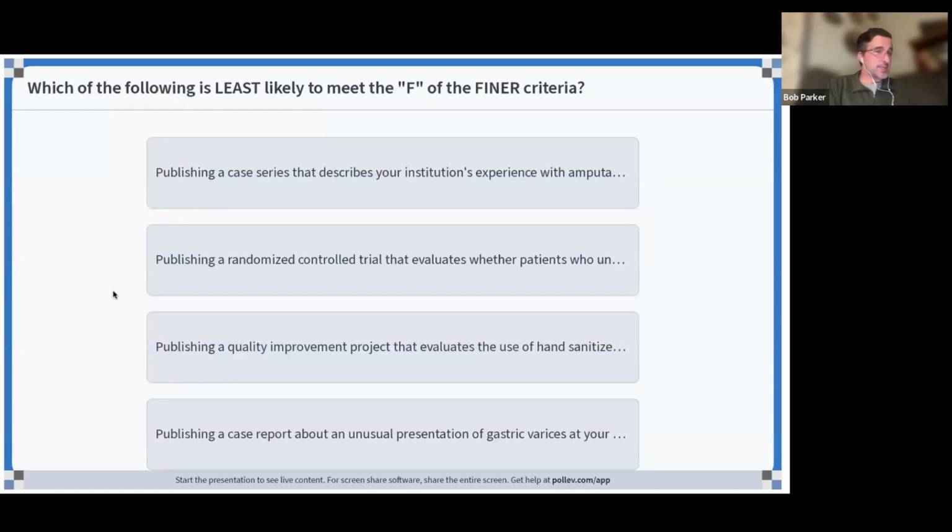Okay: publishing a case series that describes your institutional experience with amputations for diabetic patients, or publishing a randomized controlled trial that evaluates patients who undergo laparoscopic compared to open colectomies at your institution, or publishing a QI project that evaluates the use of hand sanitizers, or publishing a case report. All right, we're out of time. That's really going to be a determinant on whether or not someone has their device open and can read the entire thing very quickly.